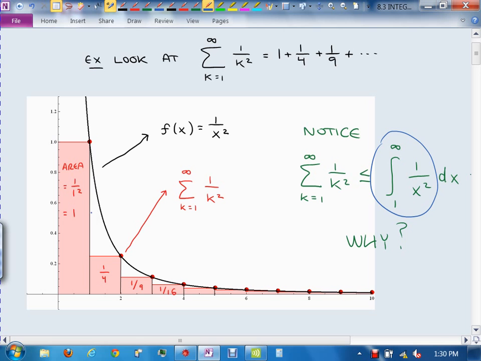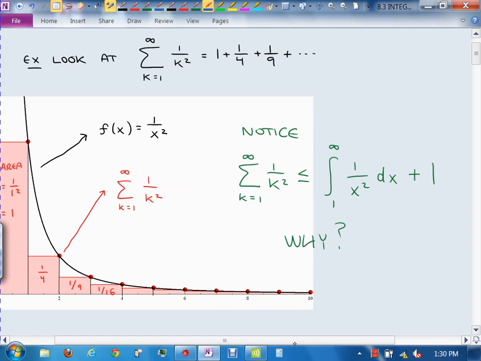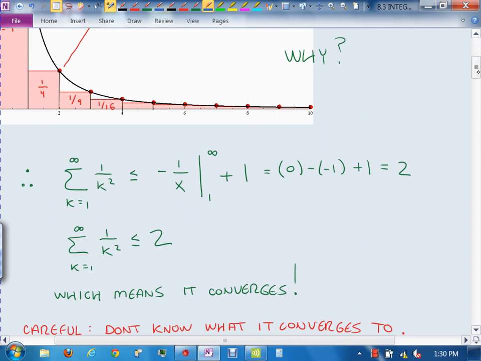Okay. So y'all agree with that inequality over here? That's true? Everyone's clear on where the 1 came from? Okay, so now I'm going to work something out.